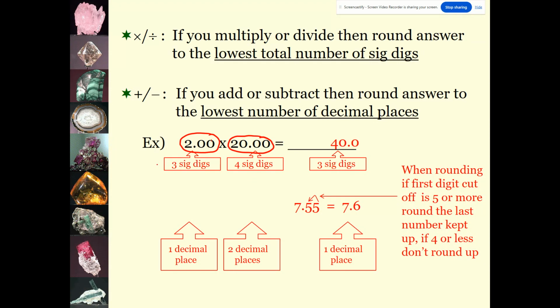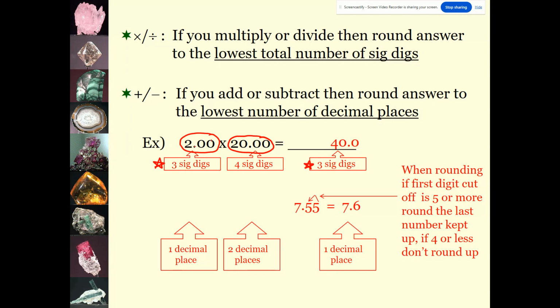The lowest sig digs is the 3, so my answer needs to also have 3. When I put this in my calculator, I get 40. I have to add a decimal 0 after it. Anytime your number needs to be bigger than what it is, you add a decimal 0, and you get an answer of 40.0 to 3 sig digs to match the 3 sig digs in the lowest number of sig digs in the calculation that you're doing.